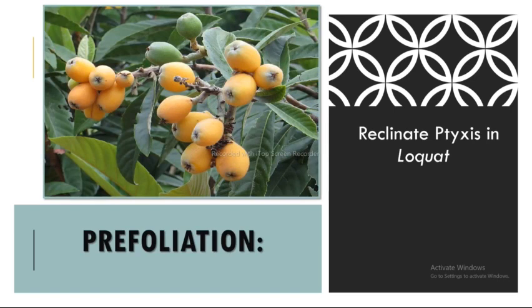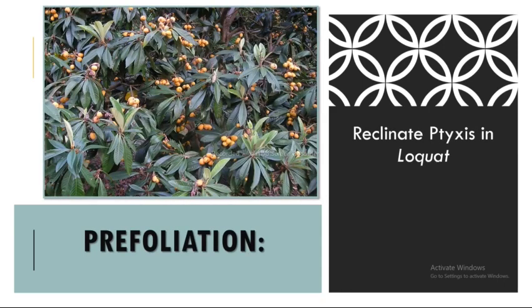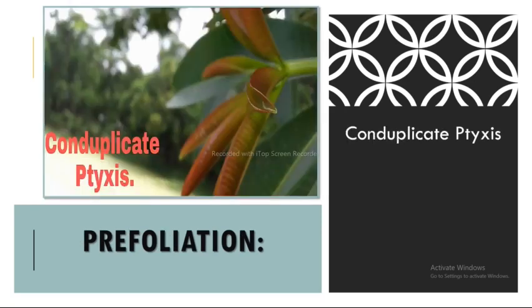Again, this is the Reclinate Ptyxis in the loquat, as shown in the figure. Next type of the Ptyxis is the Conduplicate Ptyxis.